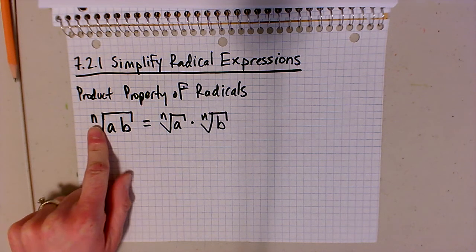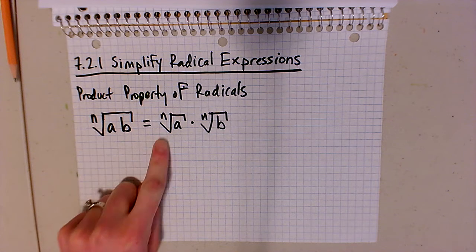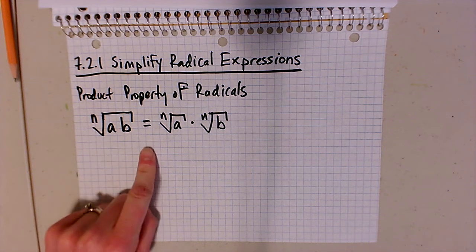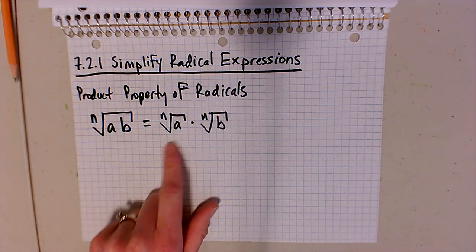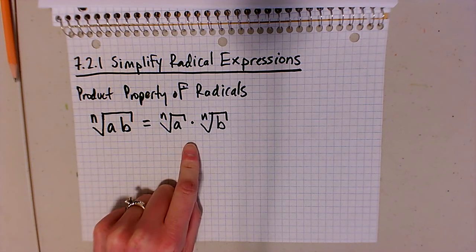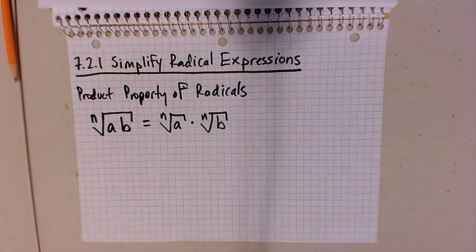So if this is the third root, it has to remain the third root the whole way through. If this is a square root, it has to remain a square root the whole way through. But you can write them under separate roots and have them separate radical signs and have them multiplied together. In some cases, you'll come across some problems that will be easier to work with in this format, and then there'll be others that will be easier to work with in this format.